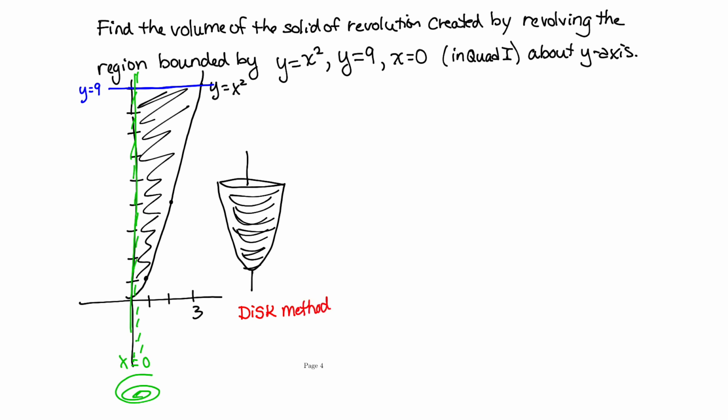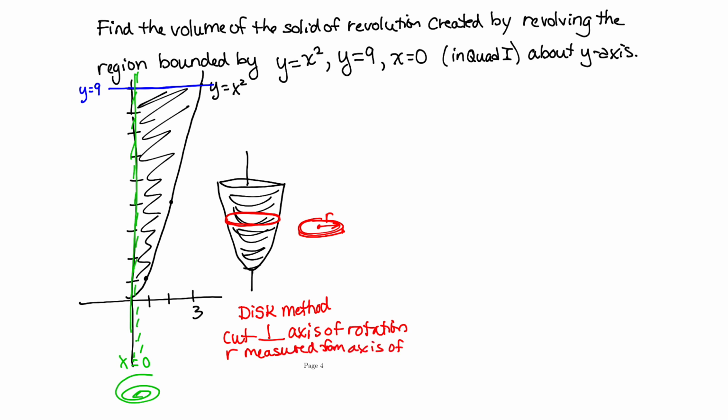And the disk method is called the disk method because we're going to cut this shape and pull out disks, right? And when we cut perpendicular to the axis of rotation, our radius for each of these disks is measured from the axis of rotation.